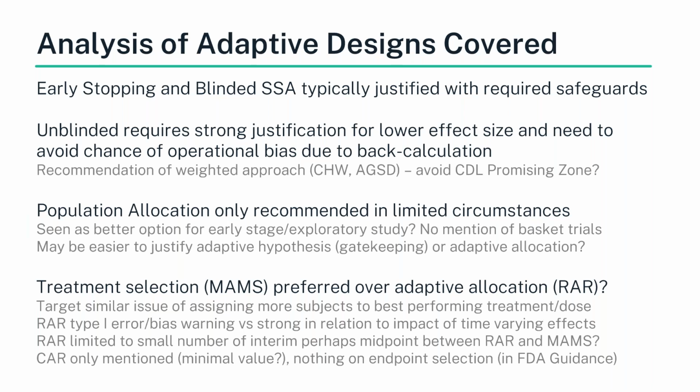And I think they basically go for the weighted approach using CHW, adaptive groups into design. Does that mean CDL, promising zone, is on the way out? I wouldn't go that far, but if you're going to do a promising zone design, CHW probably will get a less skeptical approach because it has strong type 1 error control.